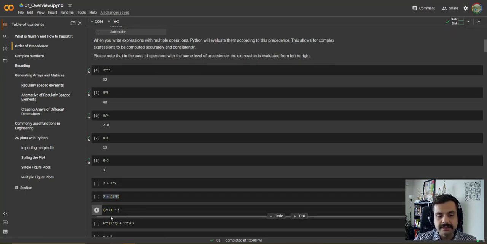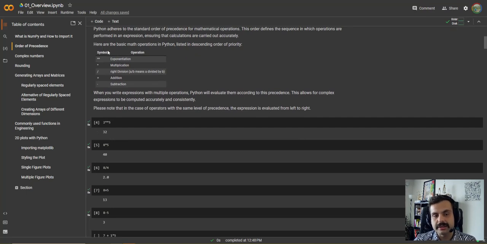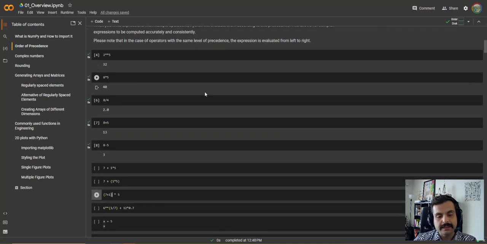If we wanted to first sum 7 and 1 and then multiply by 5, we should have explicitly distinguished that using parentheses. And parentheses, I would say, it is not an operator, but in a sense, it would stand before exponentiation. So this is the order that the system is going to see and act upon.